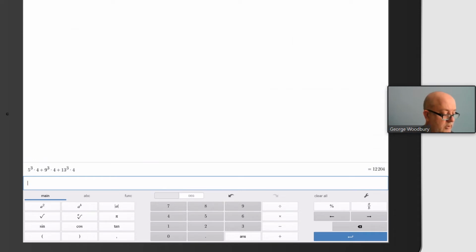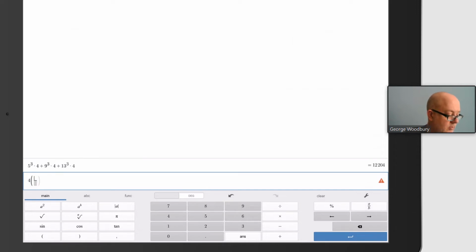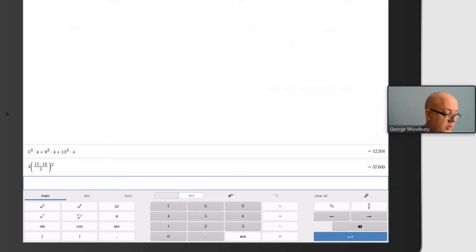So this was 4, and then in parentheses, we've got a fraction with 15 times 16 over 2, and then we were going to square what was there, and there you see it, 57,600. Also, if you did a little simplifying first, we could have done 4 times 120 squared. Same result.